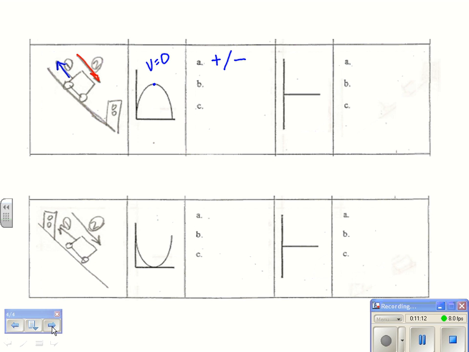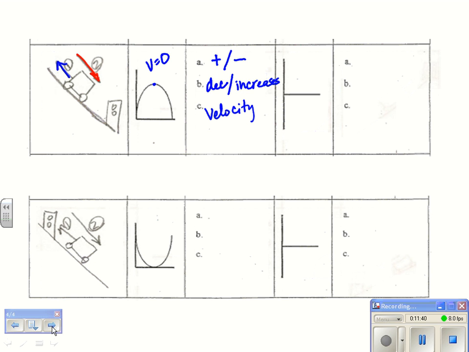It is first going to go away, so it's going to decrease. So it decreases and increases, and this is velocity. So as it goes up the ramp, it decreases velocity, but as it goes back down the ramp, it increases velocity.